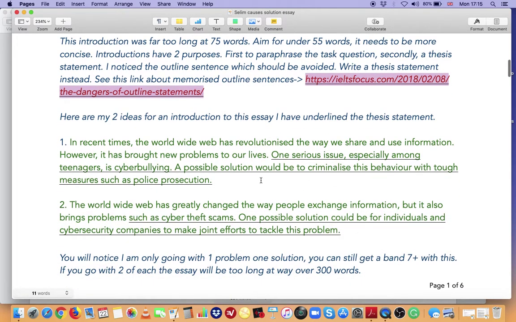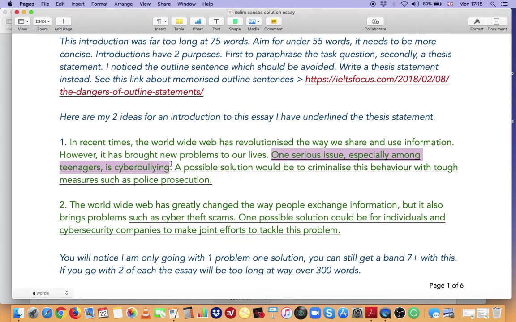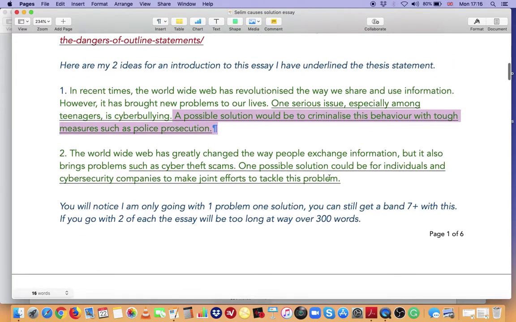Now this is my idea for the introduction. There's 2 ideas here. We've got the paraphrasing here, and this is where I outline the issue, the problem, and then the possible solution. And again, the same here, the problem and the solution in the thesis statement. That's the thesis statement there.